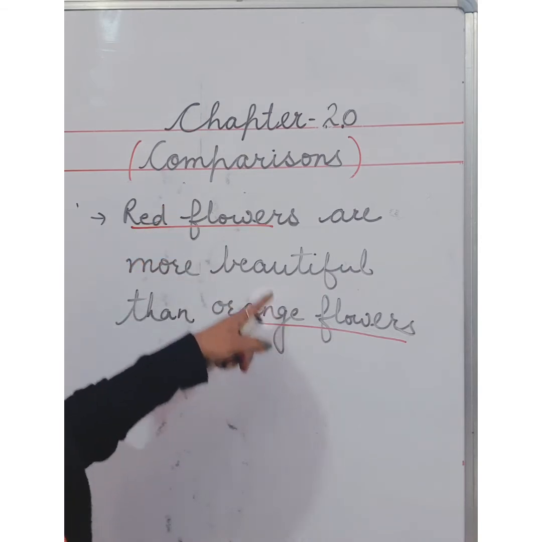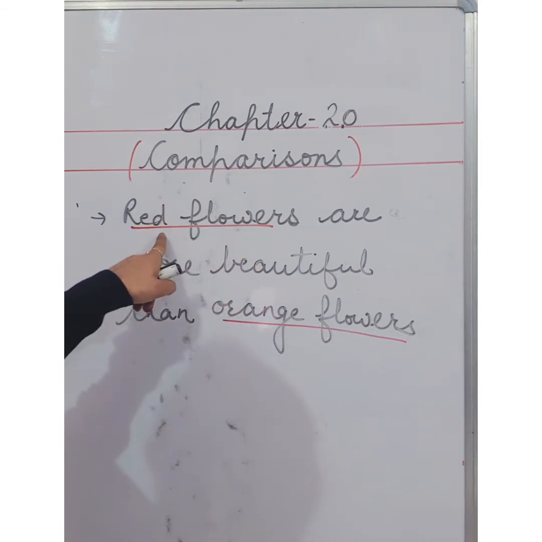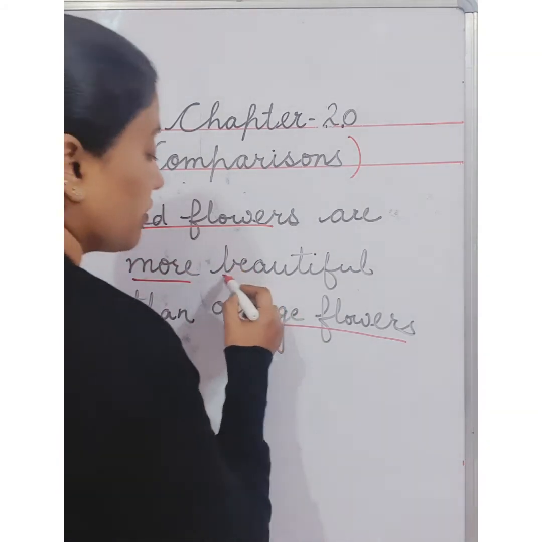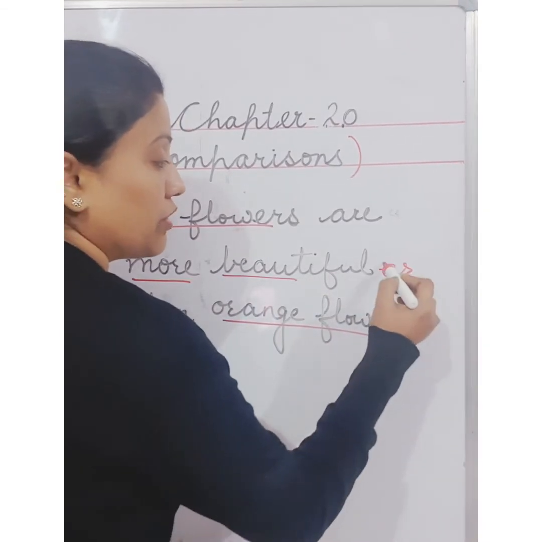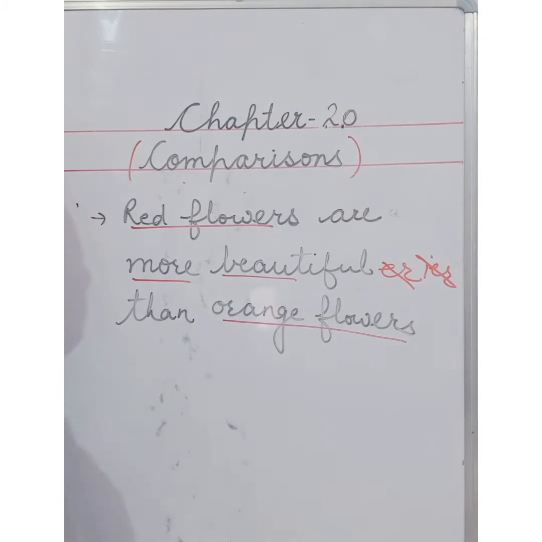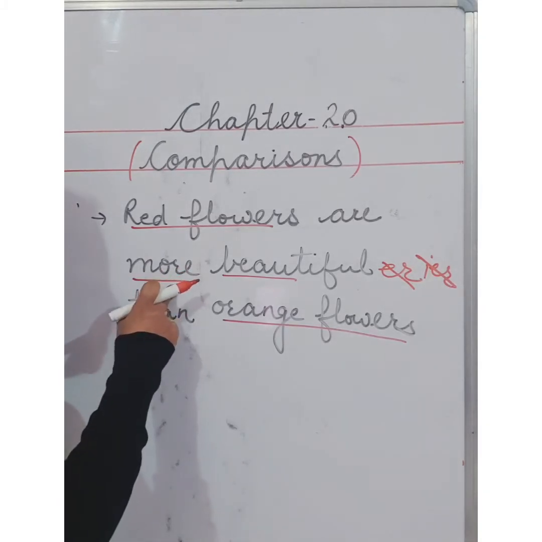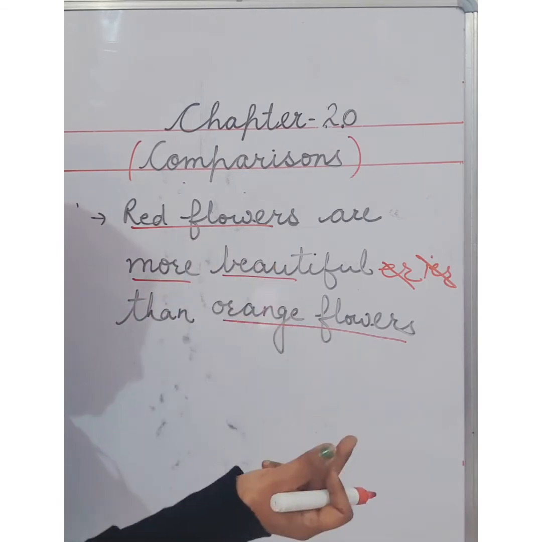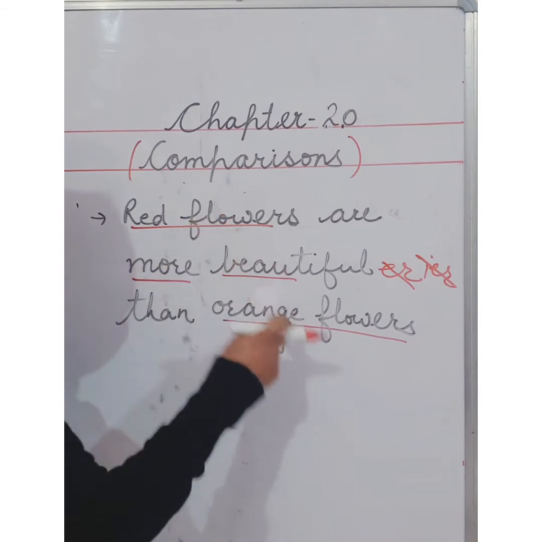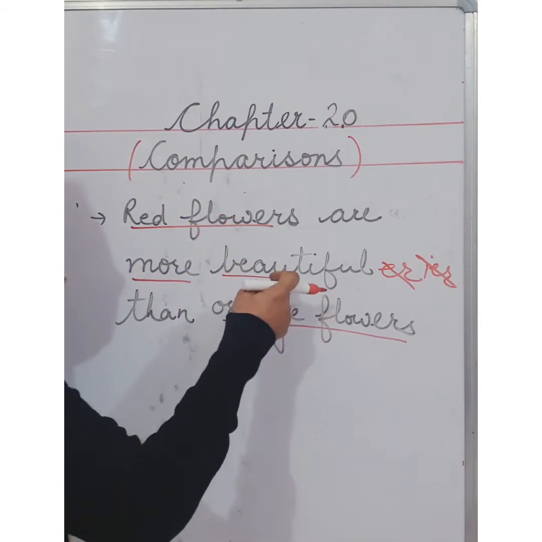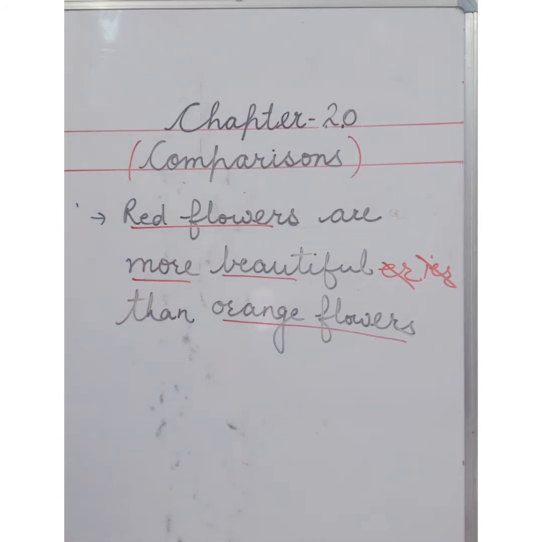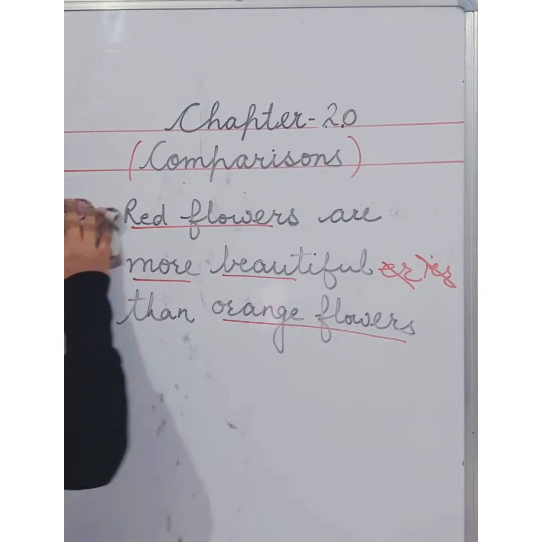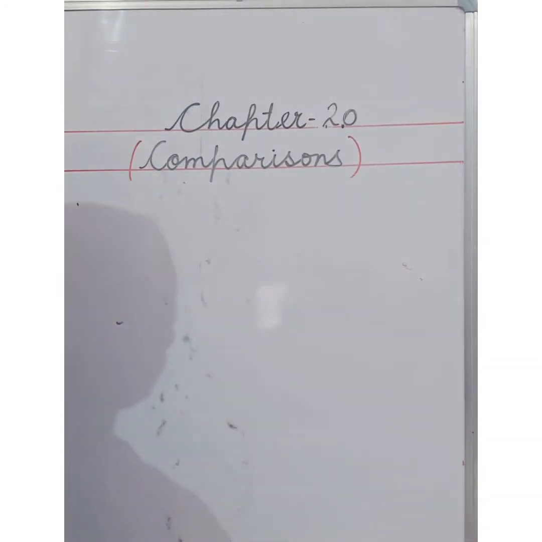Red flowers and orange flowers, and what we have concluded is that red flowers are more beautiful. Now we have added here more. There are some words with which we are not using er and we are not using ier. So there we are using more and most. For the second degree more, for the third degree most. Okay, so here we will write more beautiful because we have to add the second degree because we are talking about two things. So obviously er will come, but we will not write it with beautiful. Here we will add more. Okay. So I hope it is clear to you all. Next.